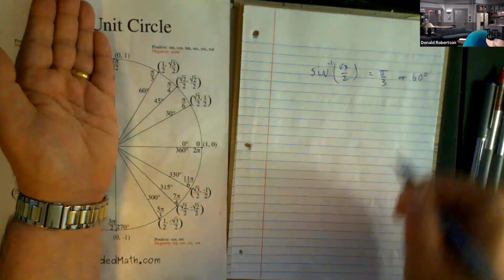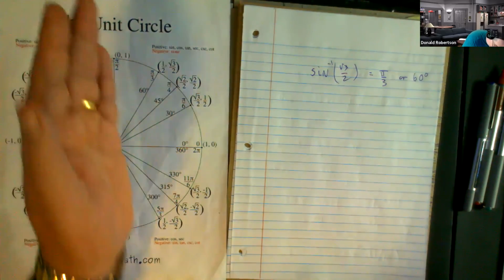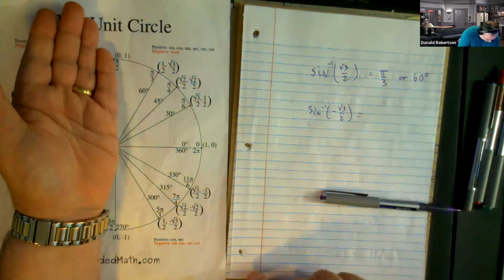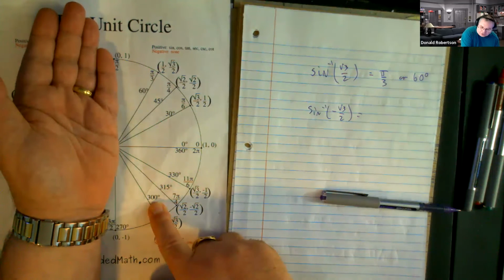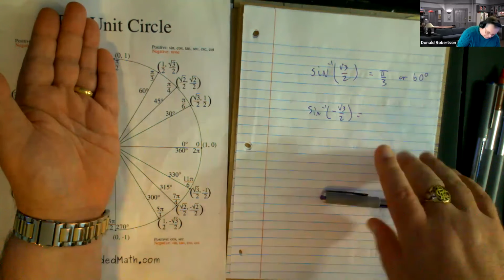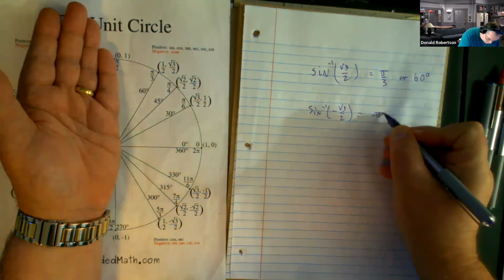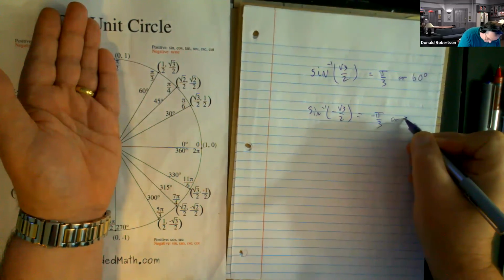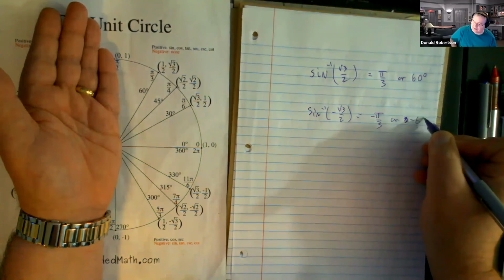Now, if I went and said to you, give me the inverse sine of negative root 3 upon 2, the answer to that question is, you would think 300 degrees or 5/3 pi, but it is not. We write that answer like that.